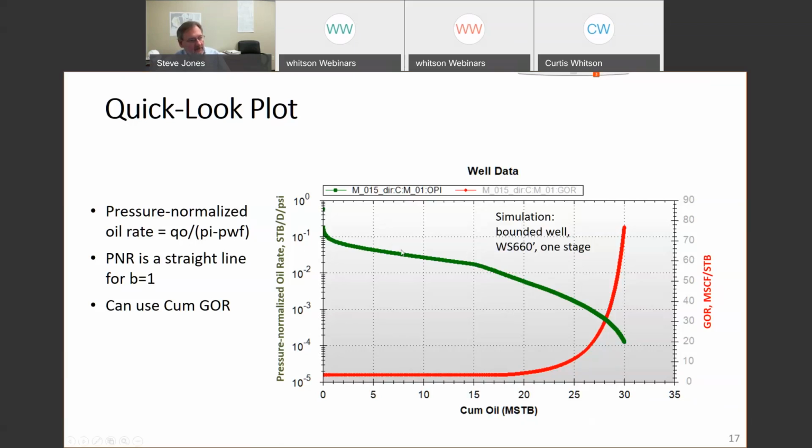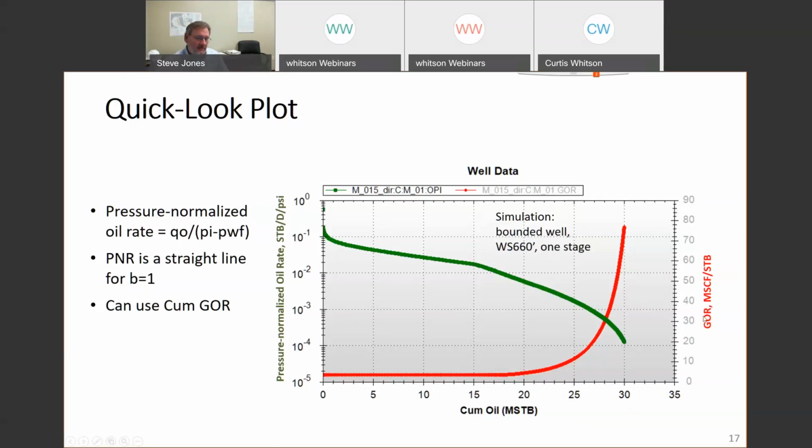A B factor greater than 1 is going to give an upward curvature, and a B factor less than 1 is going to give you a downward curvature like you're seeing on this plot. And you can clearly see that it may have been about 1 early on before you get to the bubble point, but then it's getting steeper, and as it curves downward, that's telling you your B factor is getting lower.